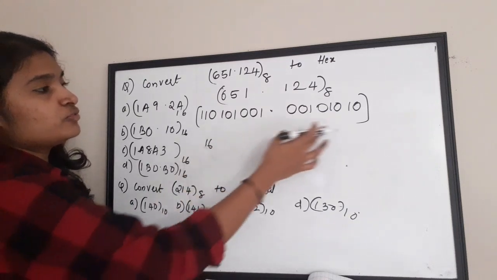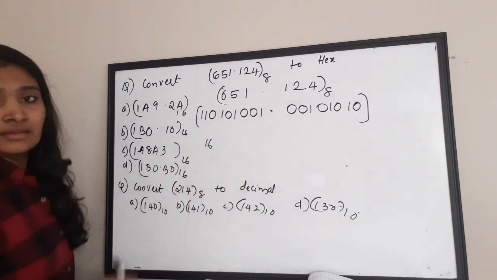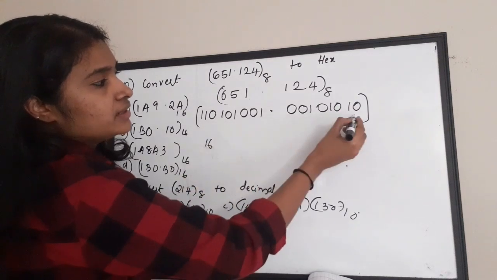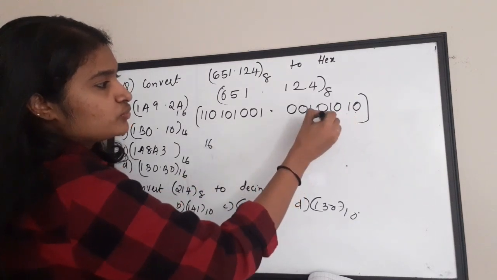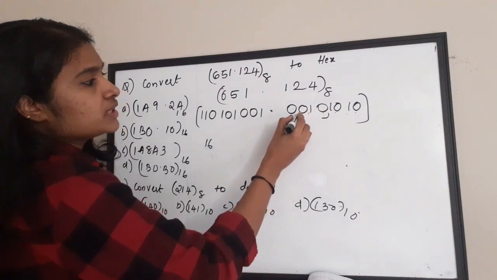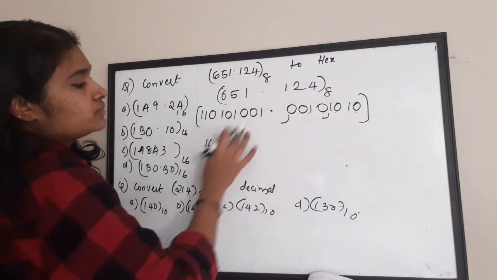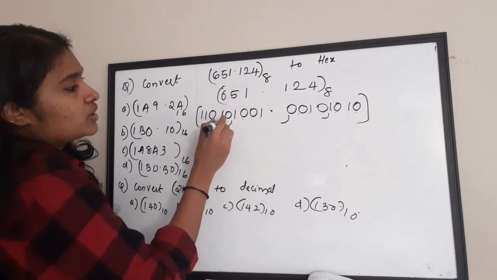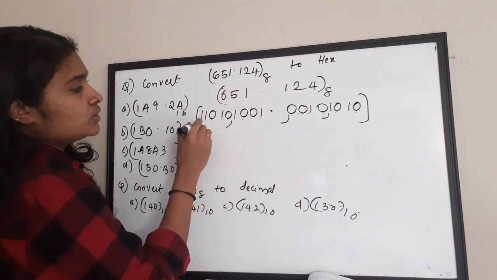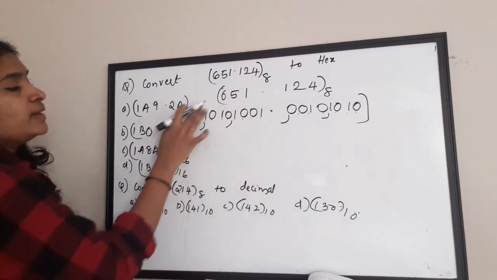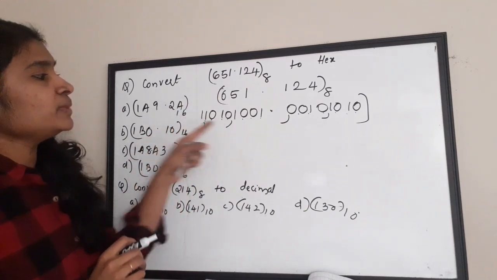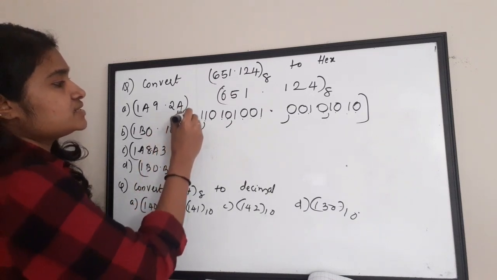So we'll make a 4 number pairing. Starting from this side, I'll do the pairing. 1, 2, 3, 4. 1, 2, 3, 4. Here 1, 2, 3, 4. 1, 2, 3, 4. While pairing, I have a 1 here. So in order to make a 4 number, I'll add 3 zeros.